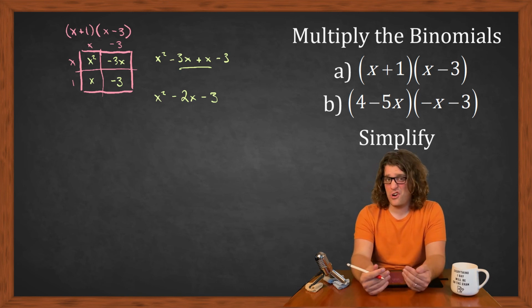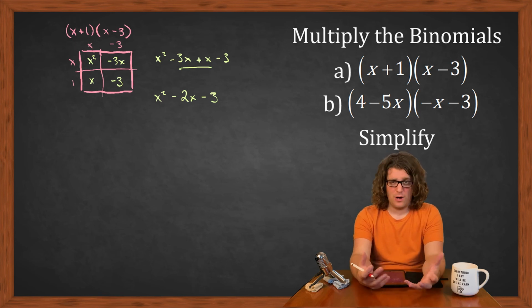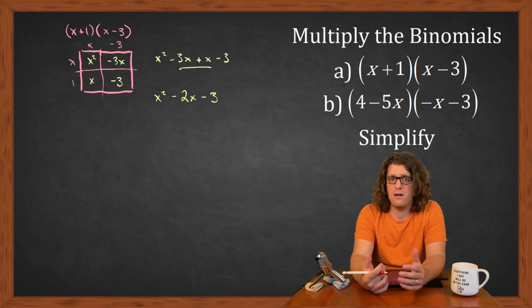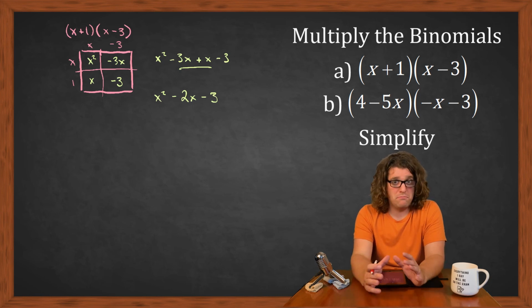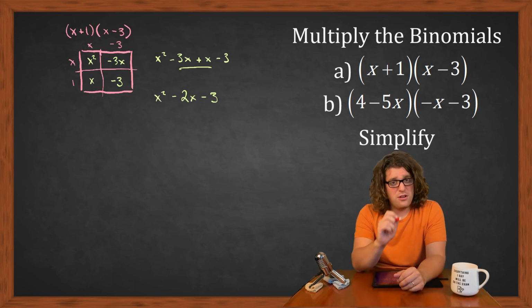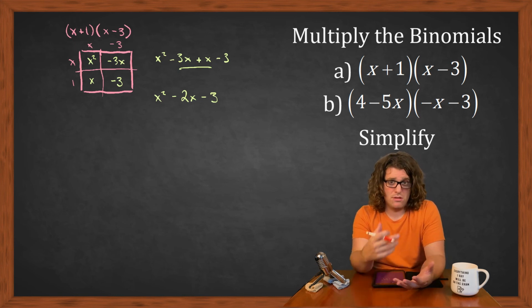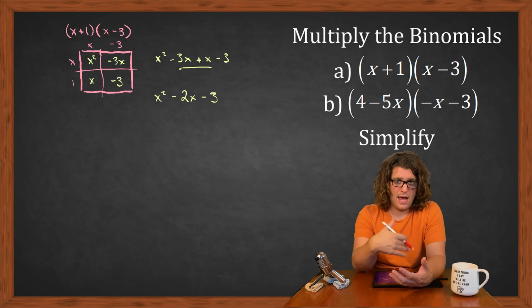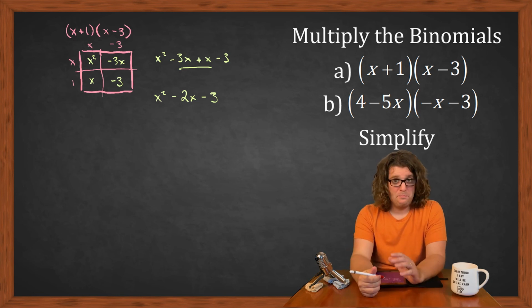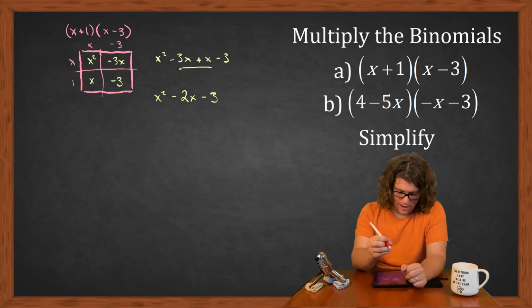So if you like arranging the letters on the outside of some rectangle like this, or you could even make it square if you're okay with the fact that the lengths don't really match up, that's totally fine. And then you can just fill in the blank in the 4 quadrants that are there and get, in this case, x squared, -3x, x, and -3. Totally fine to arrange your stuff that way.